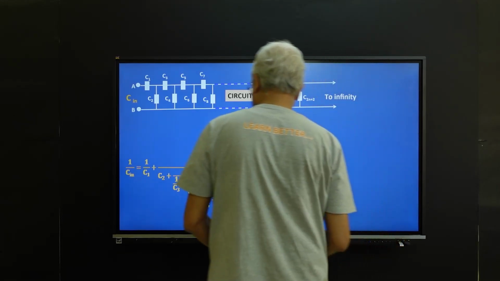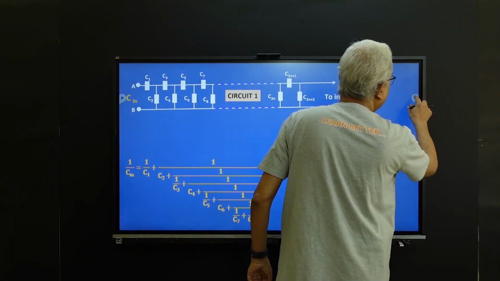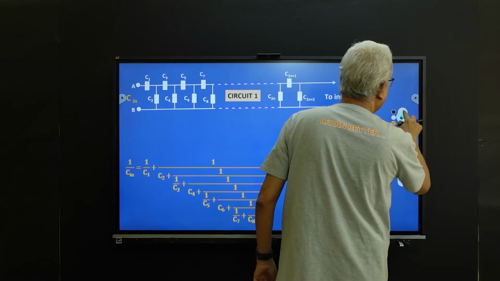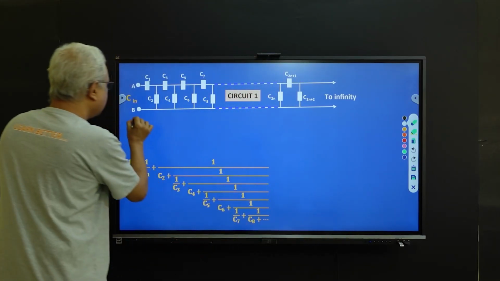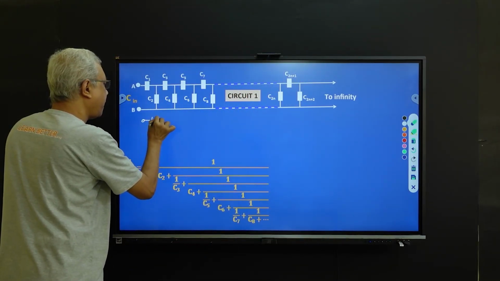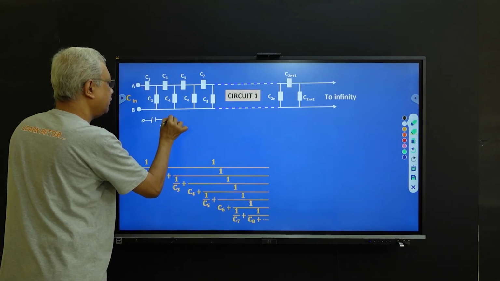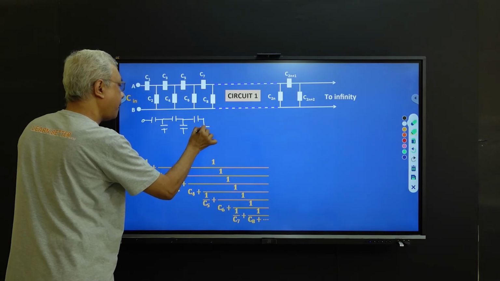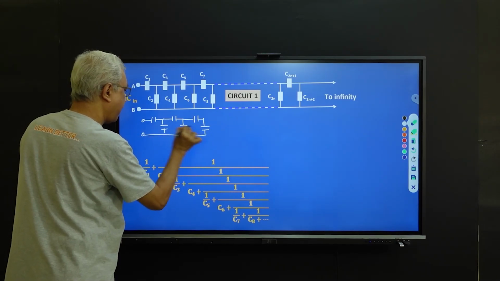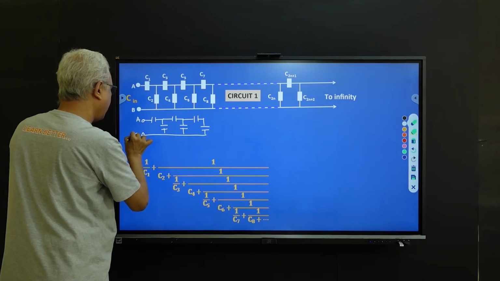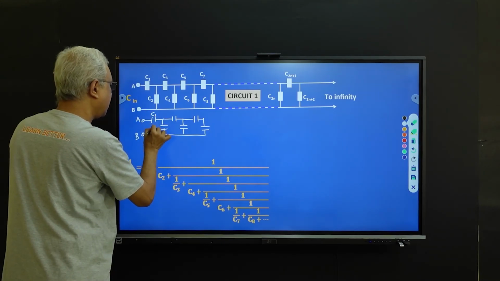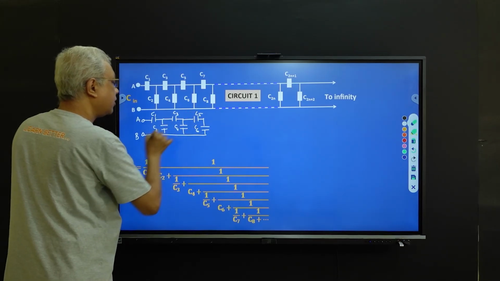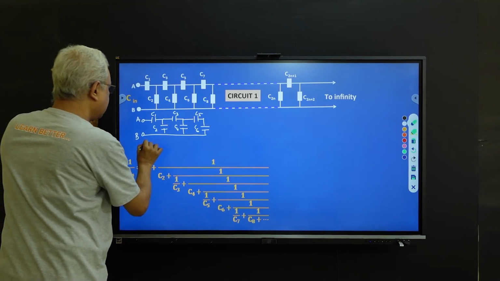Now, what we have done, we have considered only, say for example, this part, and another circuit.